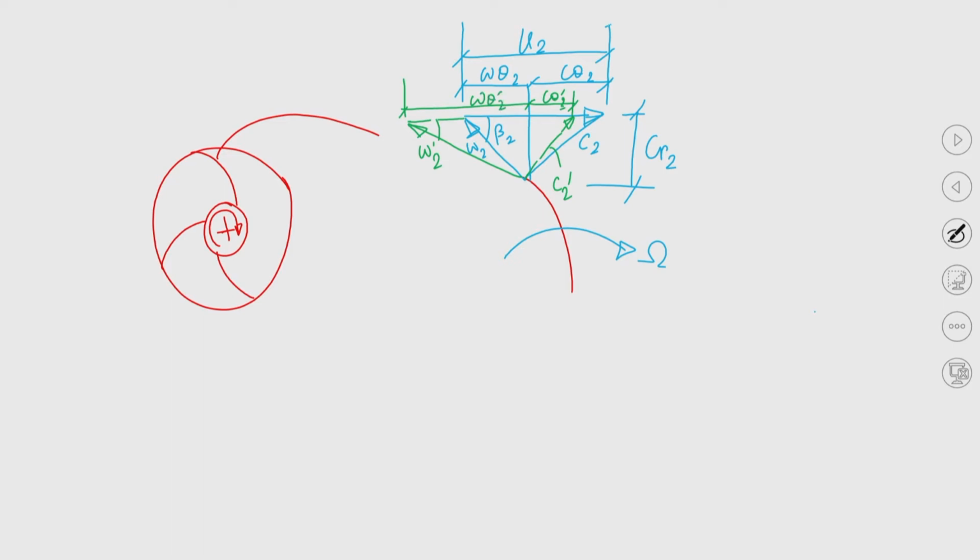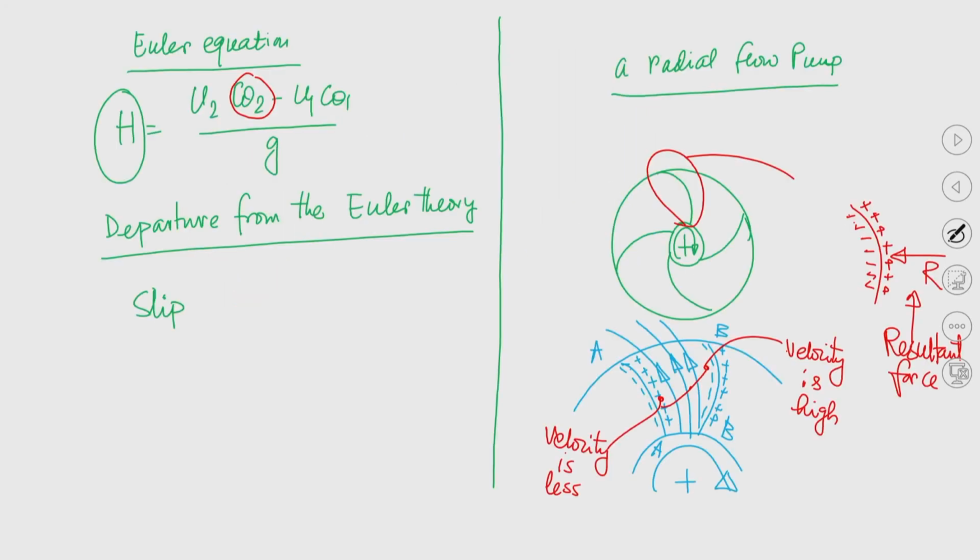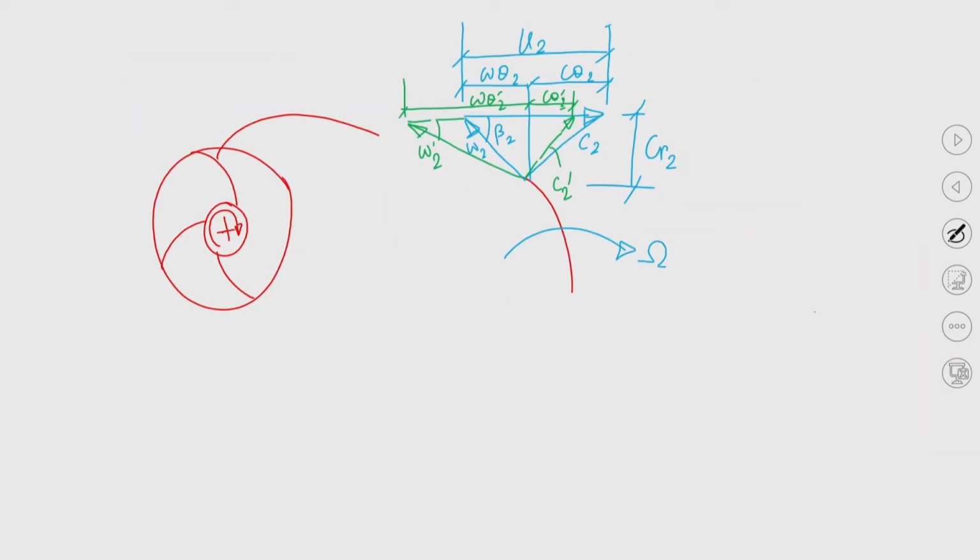Okay. So, basically the existence of non-uniform velocity distribution will change the mean flow direction from beta 2 to beta 2 prime, right.